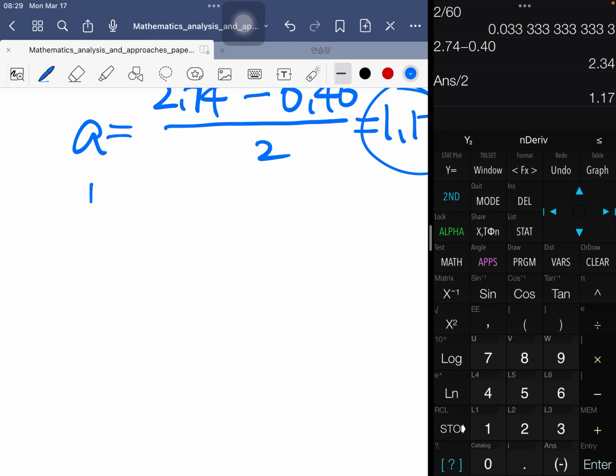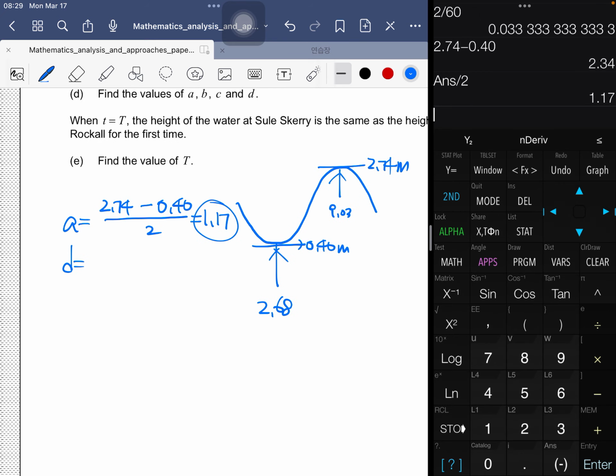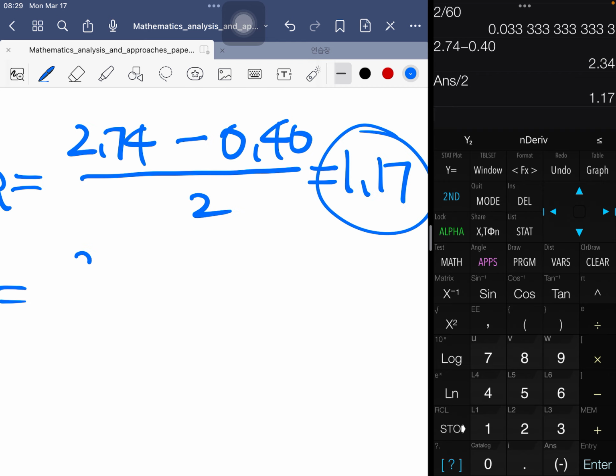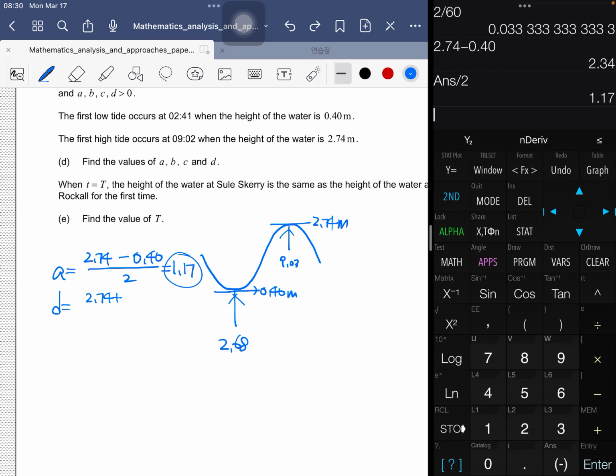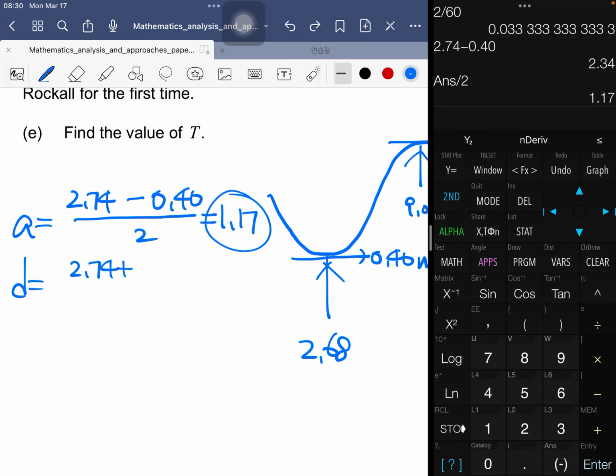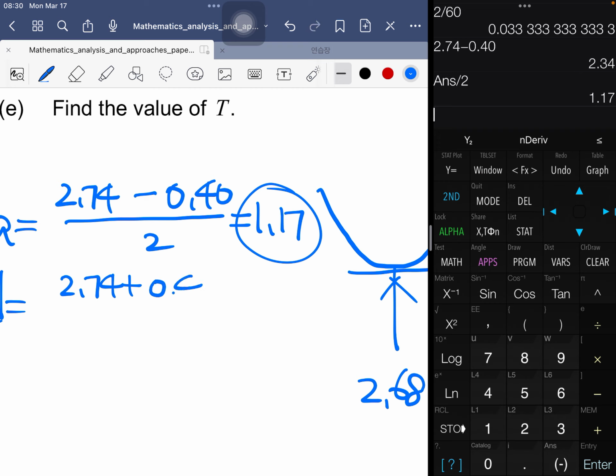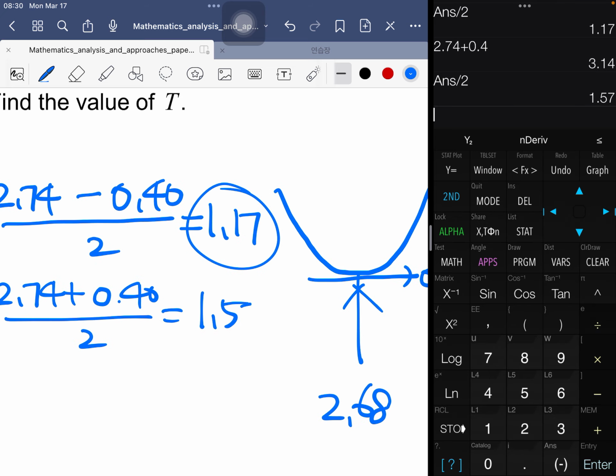The D value is the arithmetic mean of 2.74 and 0.40. So 2.74 plus 0.40, divided by 2, is 1.57. So this is the D value.